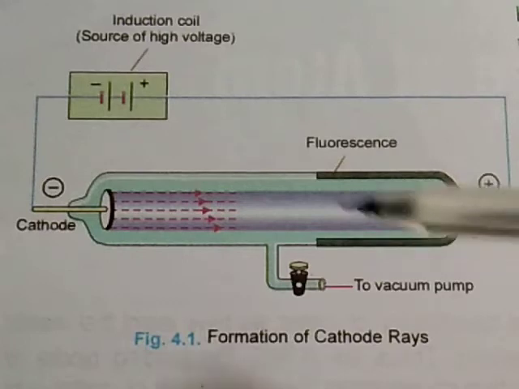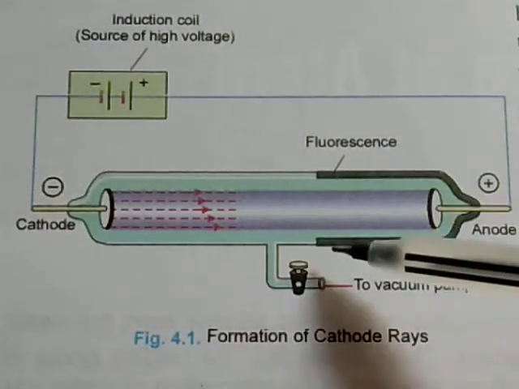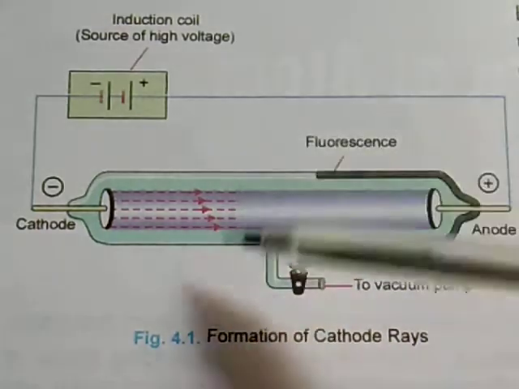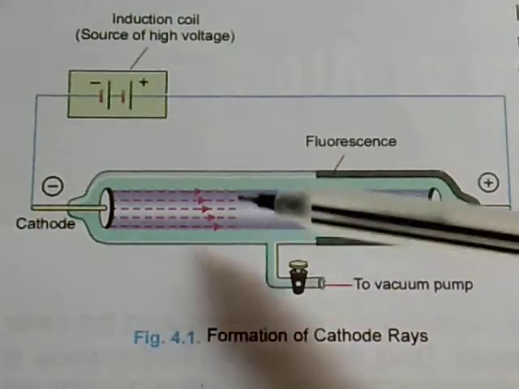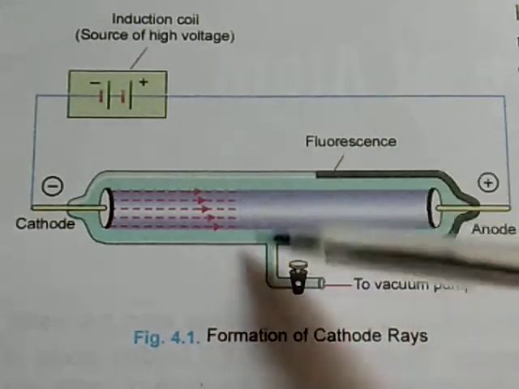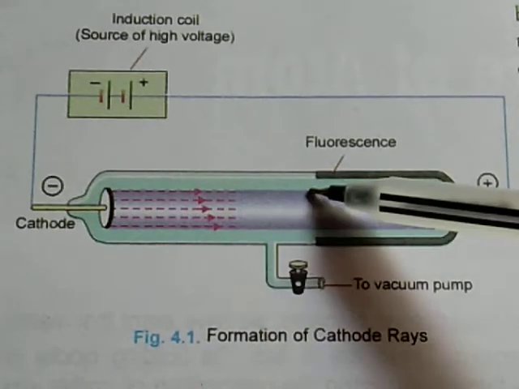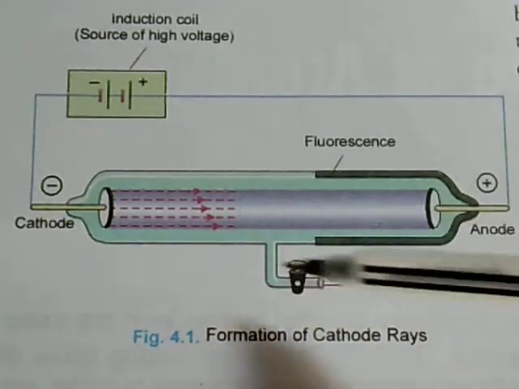In this experiment, this is the discharge tube. In the discharge tube, a gas at low pressure was taken. The discharge tube is made up of glass. It is a long cylindrical tube.